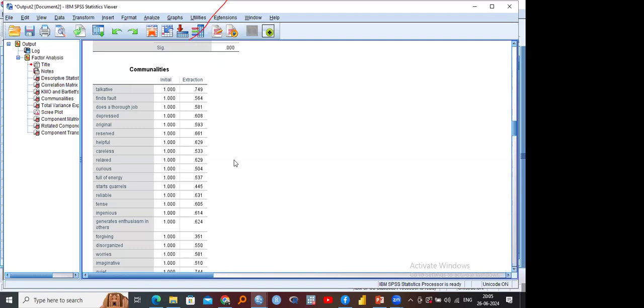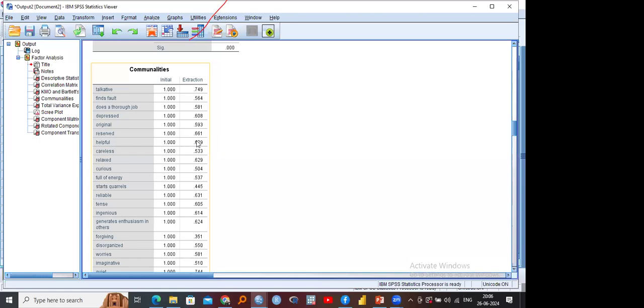If there is any variable that has communality less than 0.5, you can remove that variable from the factor analysis and again run the analysis. I am repeating it once again. If any variable has communality, this is the extraction, less than 0.5, you can remove that variable and rerun your factor analysis.